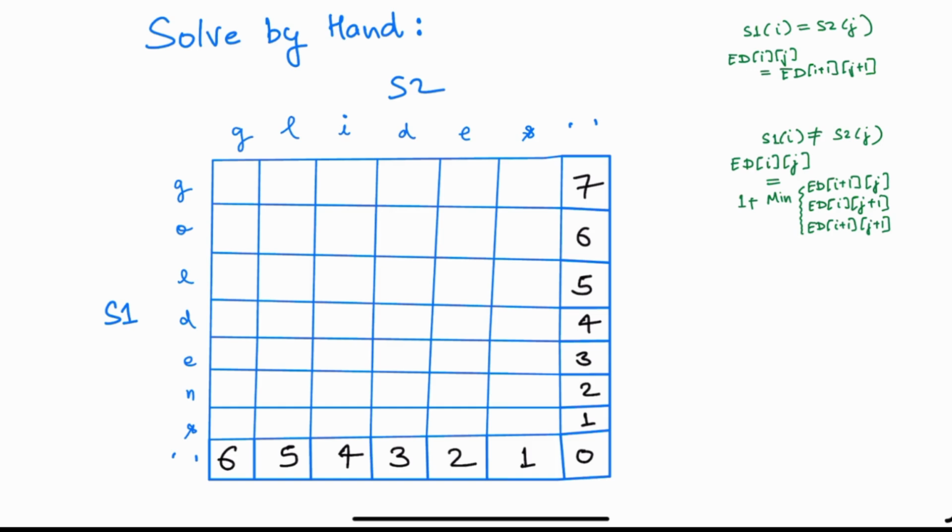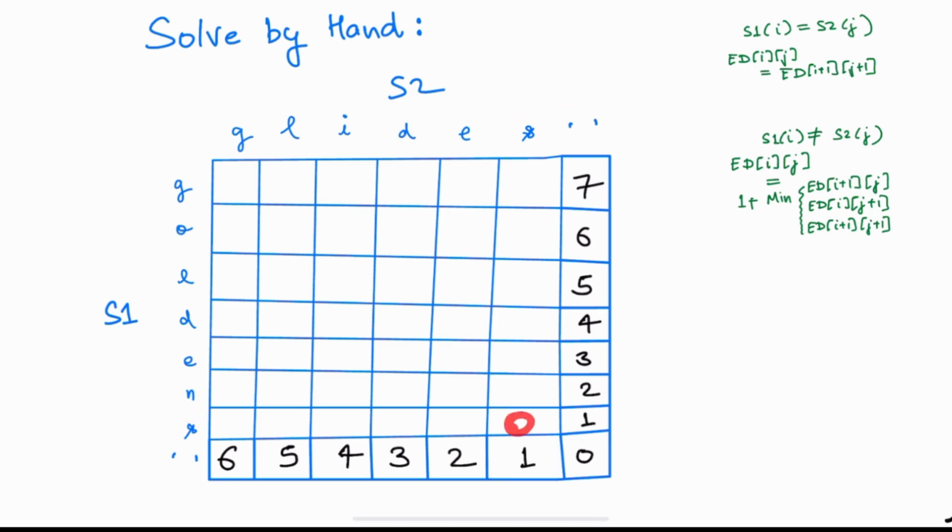Now let's try to fill our remaining part. Let's proceed as discussed from the bottom to top, and in every particular row, let's move from the right to the left. Let's take a look at this case first. Here, this means the string S2, which is going from S till the end, or this particular substring of S2 and this particular substring of S2.